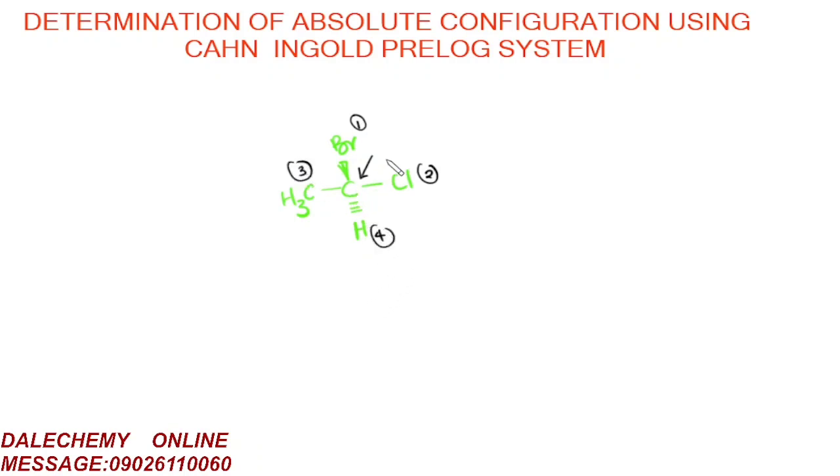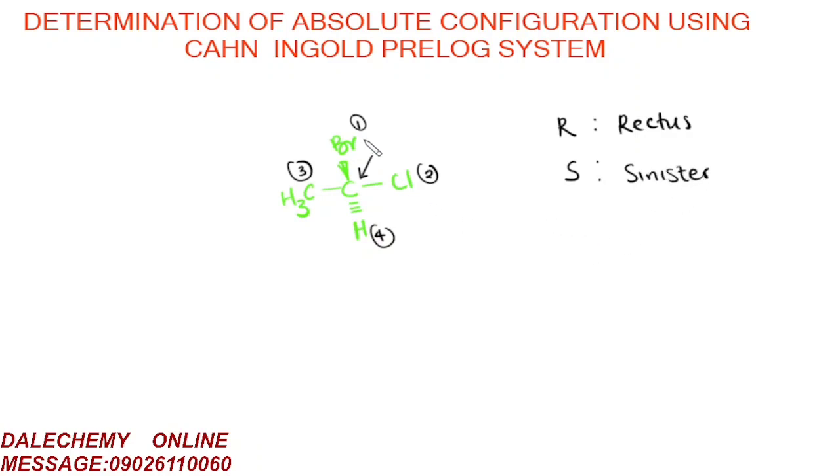Now, a chiral carbon can have just two different configurations. The first one is R and the second one is S. You might be asked, R means rectus, and S means sinister.